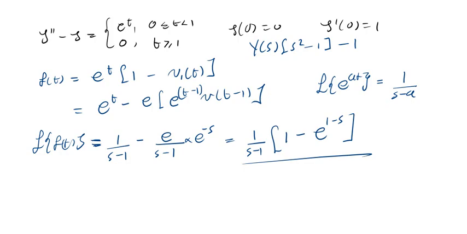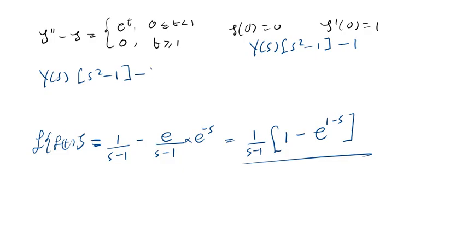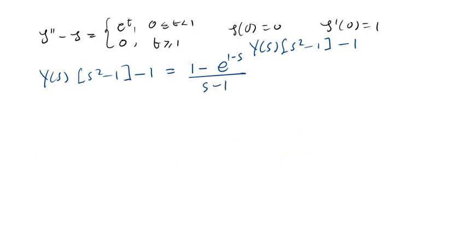So what is remaining now is to equate your left hand side and your right hand side. So you have Y of s times s squared minus 1, equals 1 minus e to the 1 minus s divided by s minus 1, then here you're going to have plus 1, which is this one.